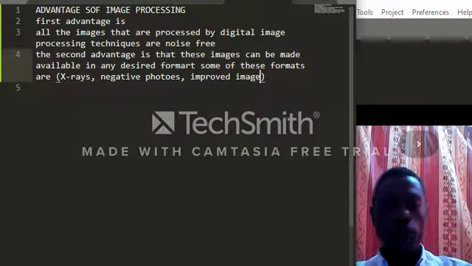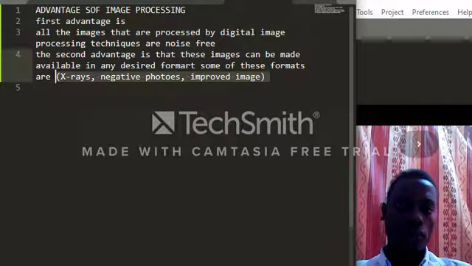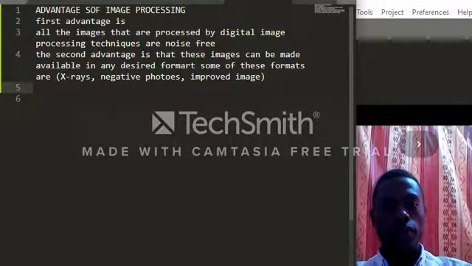So you can play around with image processing techniques and come up with any form of image that you feel like.